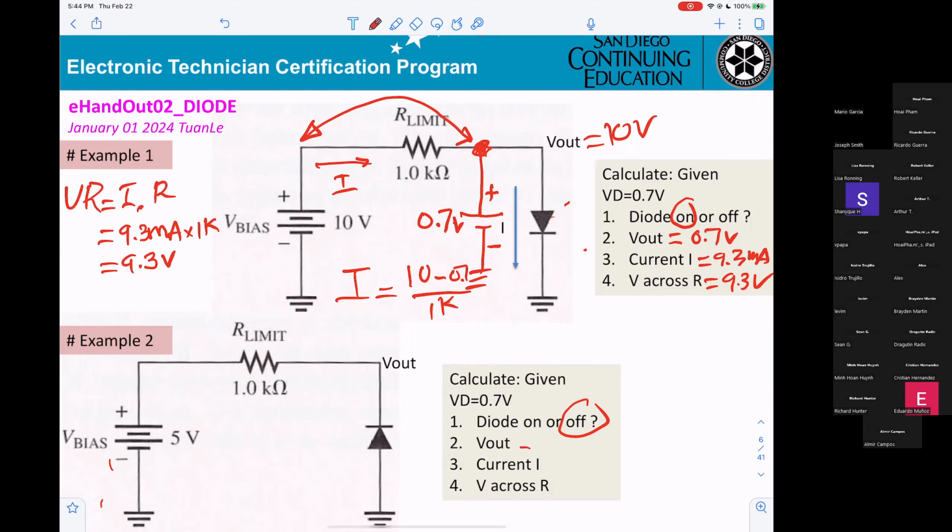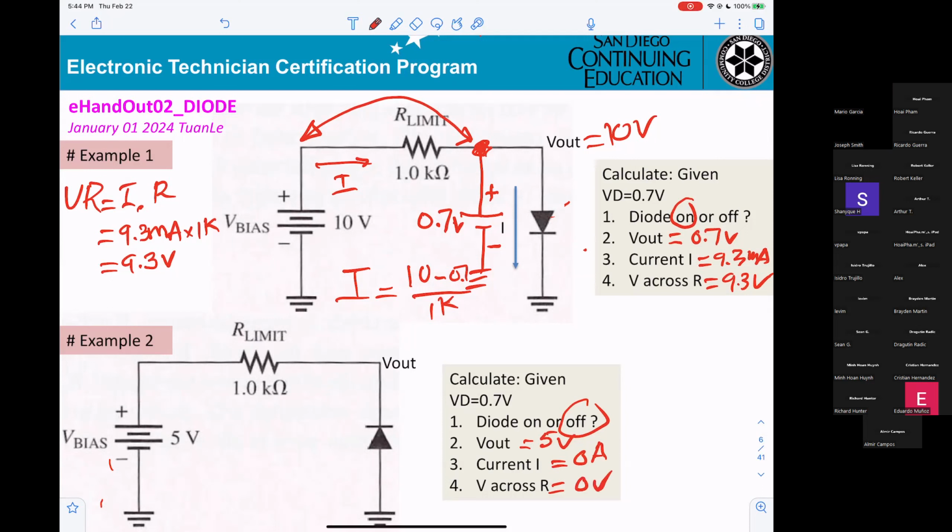Perfect. What is the current I? 0 amp. Perfect. V across R, 0. Yeah, you're good now.